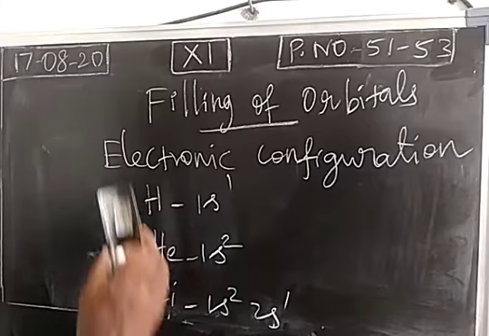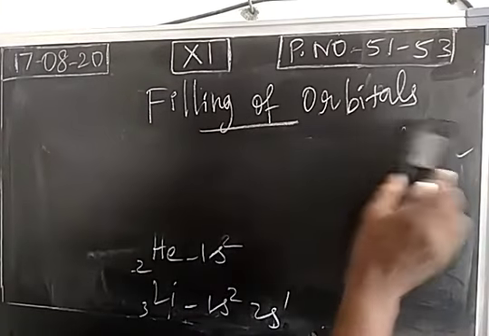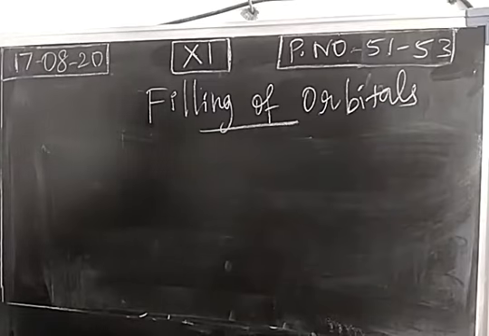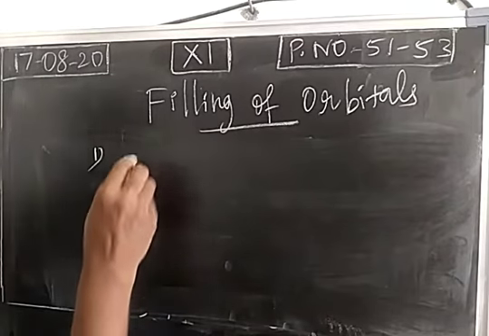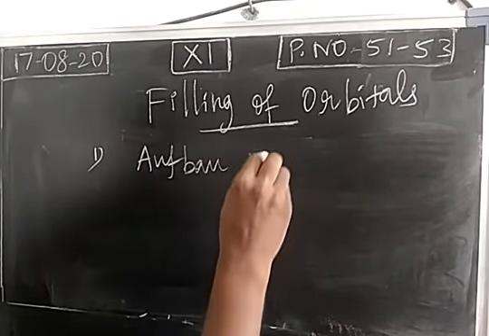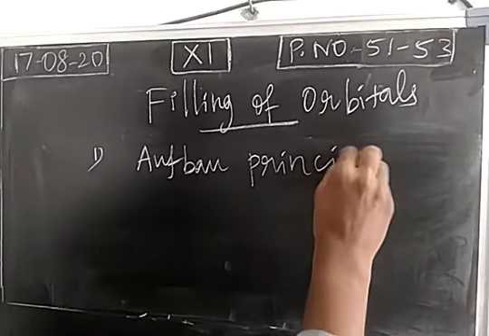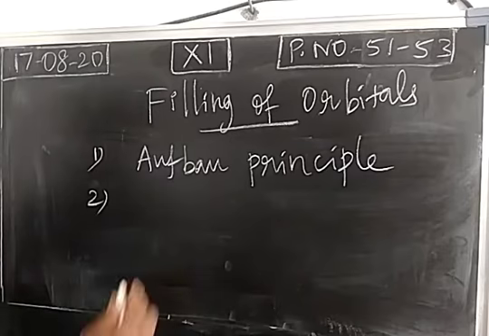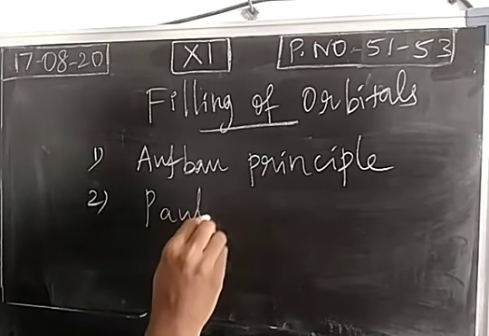So now we are going to discuss the filling of electrons in the orbitals. In order to fill the electrons in the orbitals, we have certain rules. First one, Aufbau principle. This is a public 3 marker. Next, Pauli exclusion principle.